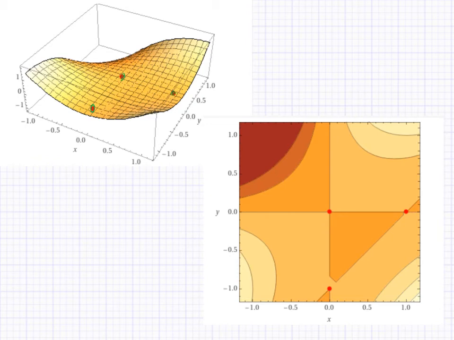It's a little hard to see in a 3D image, but you can go this way or this way, and you have kind of your max and min. Same thing's happening here and here. It's easier to see in the level curves that you see kind of this crisscross pattern here, here, and here is where you have your saddle points. So if I go this way versus if I go this way, max or min, same thing kind of here. If I go here versus here, or here versus here.